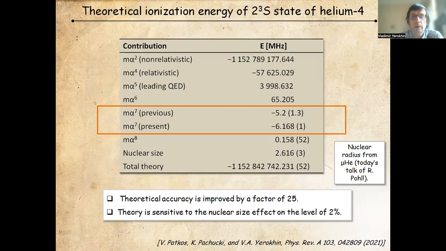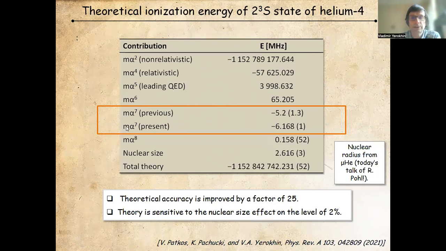Now I'm coming to our results. These are results for the triplet S-state in helium, and we have a list of individual contributions. As we see, the expansion in alpha indeed converges quite well for the helium case. And here we have our previous estimate for the m alpha^7 contribution, as was done in 2010 on the basis of hydrogen results.